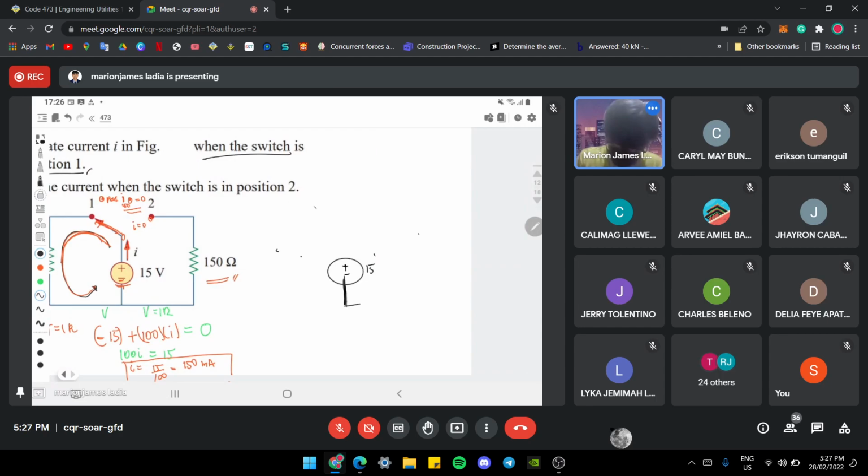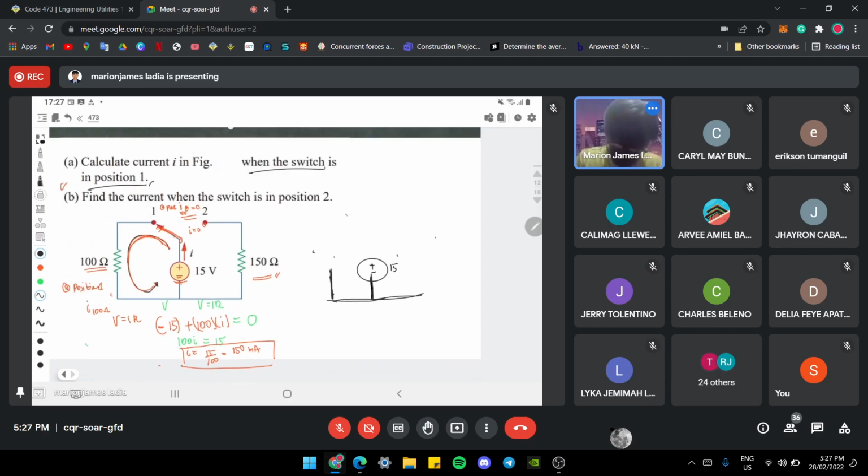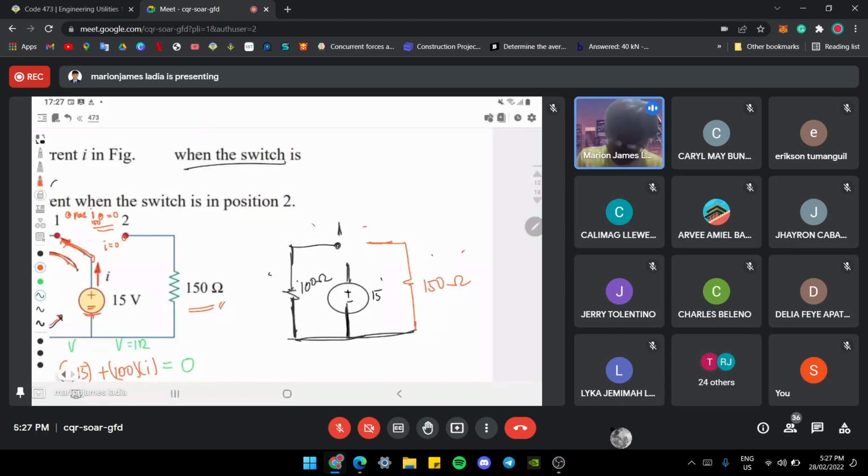Okay. So, ito yung ating 100 ohm. Tapos, ito yung ating position 1 kanina. Ngayon, sa position 2, yung ating I naman is papunta dito. Okay. So, ito yung position 2 natin.